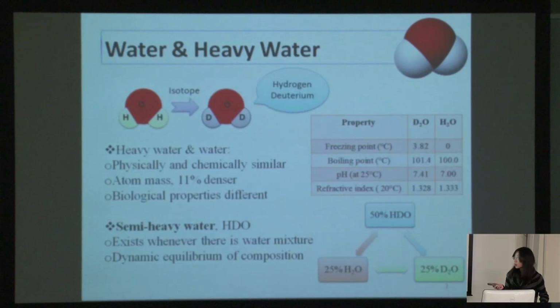In an aqueous solution, there will be a dynamic equilibrium of the composition of semi-heavy water, which is like this. These three parts, semi-heavy water, distilled water, and heavy water, will transform into each other to keep the balance of the concentration.